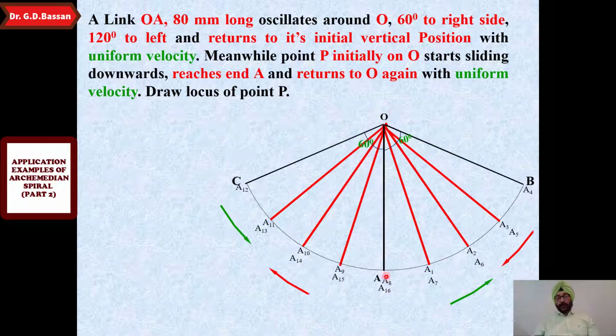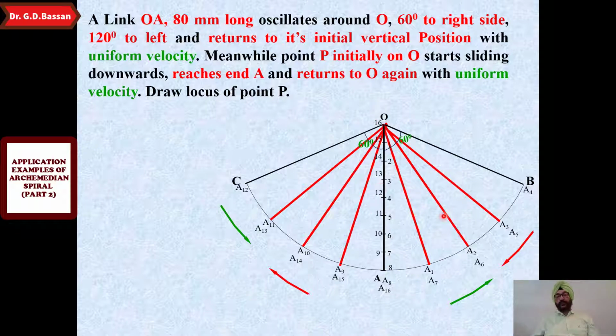Hence OA will be divided into 8 parts and again A to O will be divided also into 8 equal parts. So we are getting 8 plus 8, 16 equal parts of the linear motion.